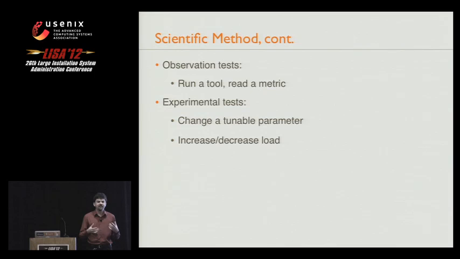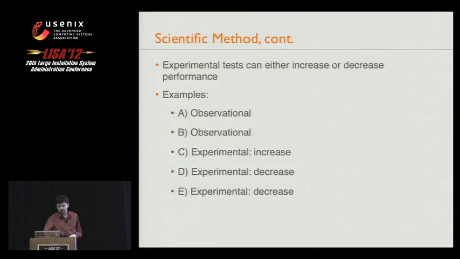So for me, it feels like these are my two hands when I'm operating on an issue. I get to observe things and I get to change things and then look at the effect of those changes. Some people get really, really good at one of these, but not the other one. And if you feel like you're fantastic at experimental, I can benchmark this and deduce all these wonderful things, like perform all these tests, then try looking at the observational toolset and learning them, and vice versa. Because they're both equally very, very useful.